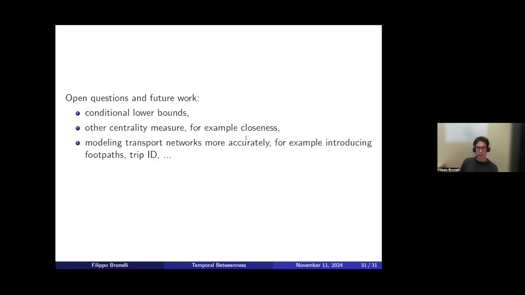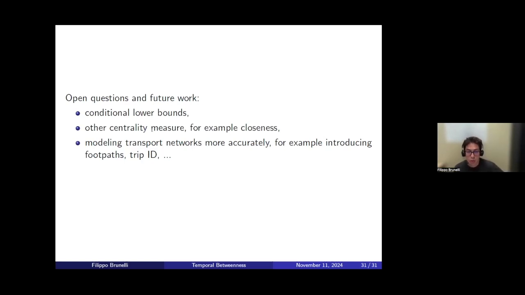So finally, some open questions and future work. Something that would be very interesting would be if we manage to find some conditional lower bounds, as we might think that NM is indeed kind of tight for the computation of temporal betweenness in this model.